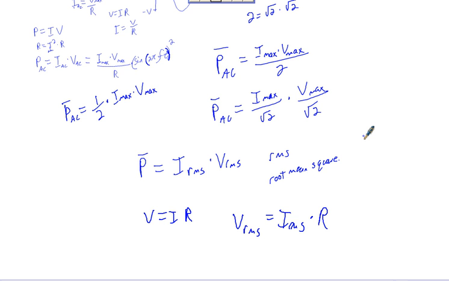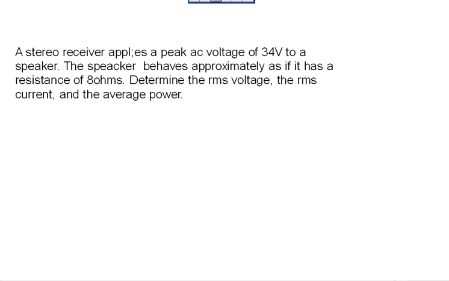Powers and watts. Okay, this is DJ. I'm going to work out this problem. So we know that P AC equals I RMS times V RMS, and we know our V, which equals 34, and we know our resistance, which is 8.